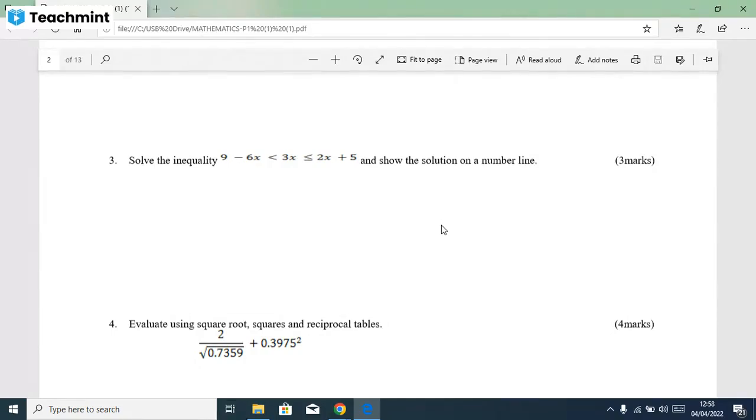The first part: what is the square root of 0.7359? Square root of 0.7359.